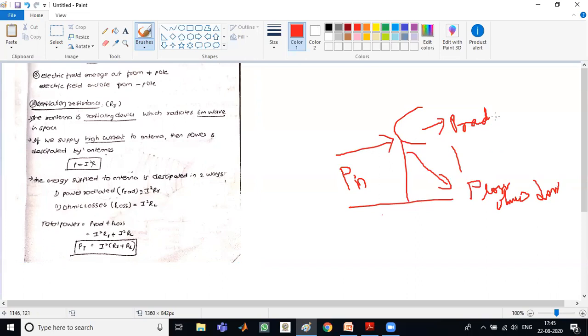And this power radiated is I square R. Generally, the formula of power is I square R, and this R is the radiation resistance of the antenna. The power loss, that is ohmic losses, is given by I square R_L.